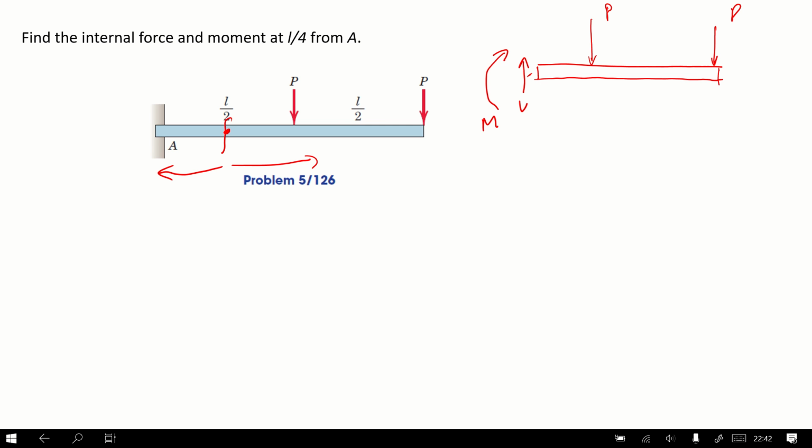Before that, you have to know the sign convention first. Whenever we have a cut like this, the sign convention for positive shear force is like this, turning the structure clockwise, and the positive moment is like this.